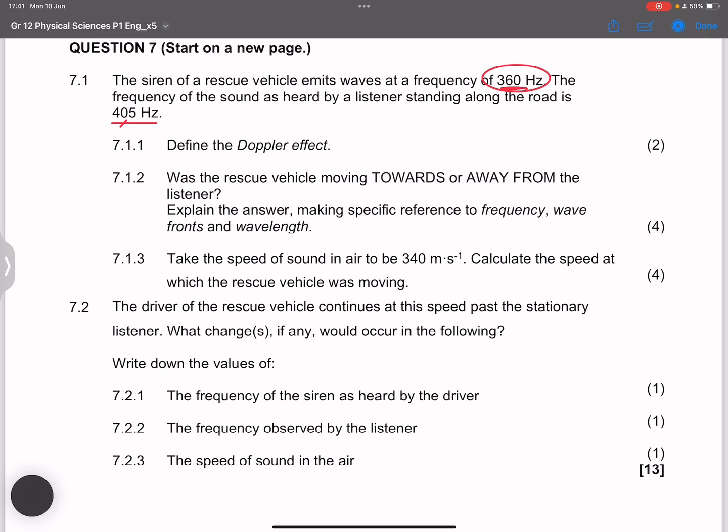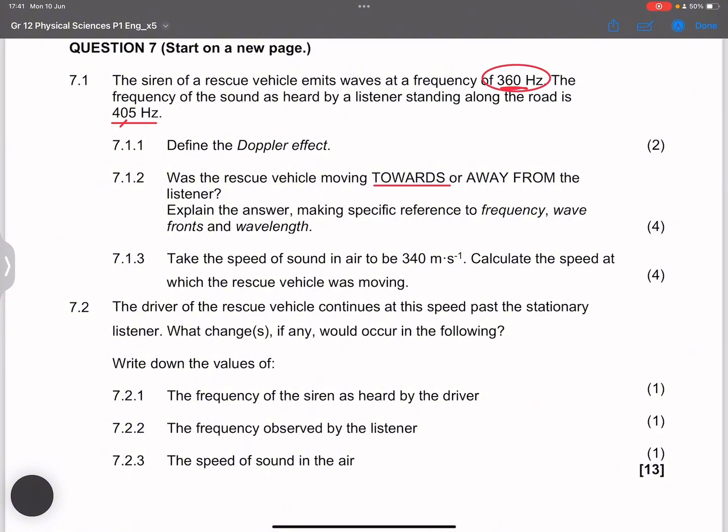Okay, so please, we need to remember that definition. All right, now they say to us, was the rescue vehicle moving towards or away? So we know it was definitely moving towards. They say explain the answer making specific reference to frequency, wave fronts, and wavelength.